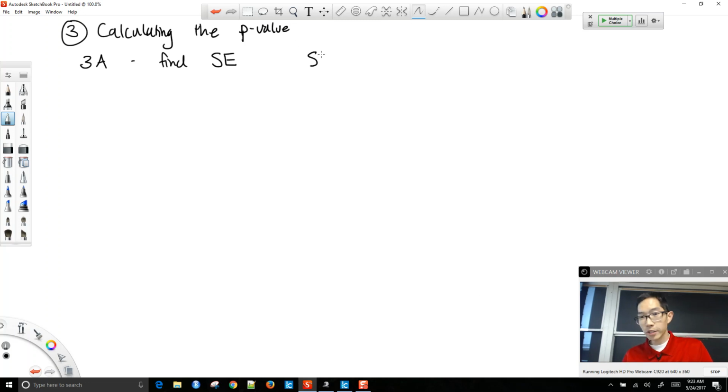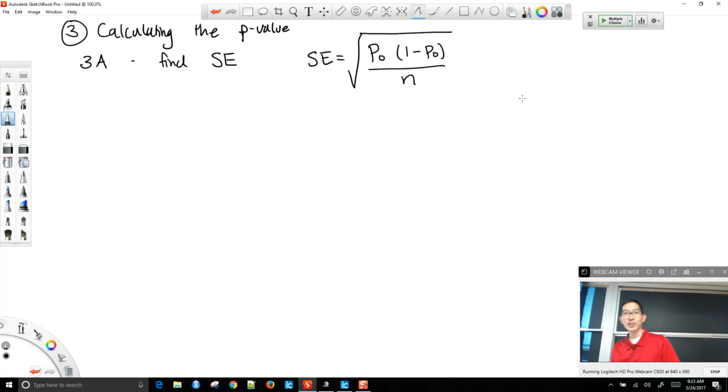Okay? The standard error is the square root of P0 times 1 minus P0 divided by n. They're all kind of variants of the same. So here we have P0. P0 again is the value in your null hypothesis, right?